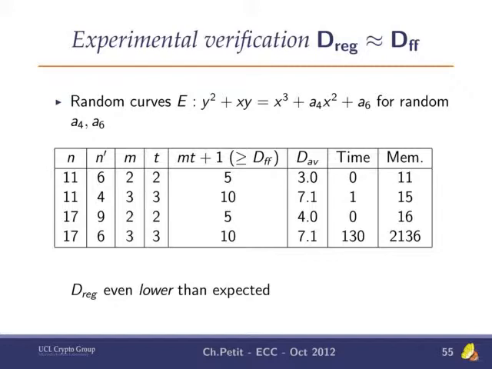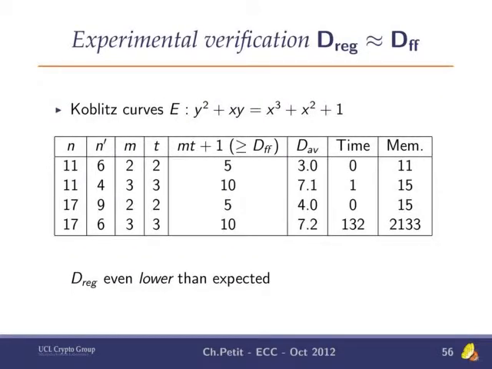You could also wonder whether Kubic curves are weaker or stronger, but I actually get pretty much the same results for Kubic curves here. So in both cases, it's interesting to note that not only was the degree of regularity in practice much smaller than for generic systems, but it was even smaller than those bounds.